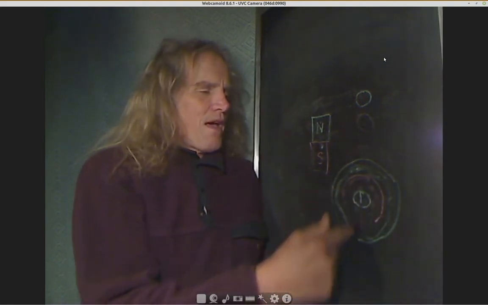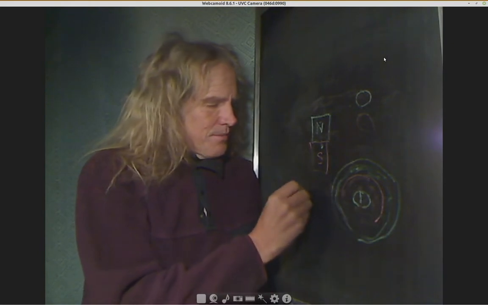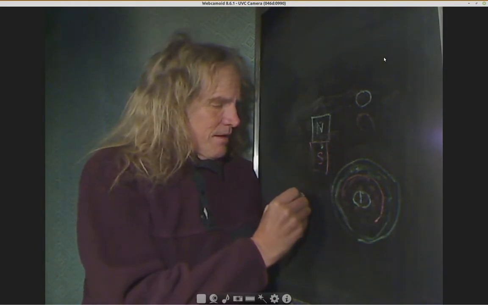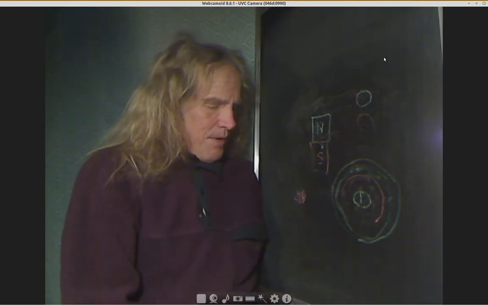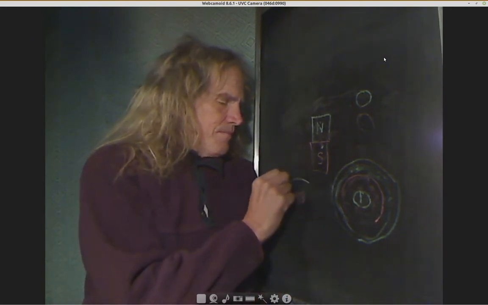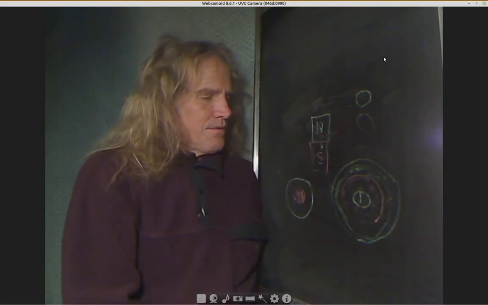And so if you do that, you can understand that the south end is producing exactly the opposite pattern. That is, it starts off pink and then it goes green and then it goes red.